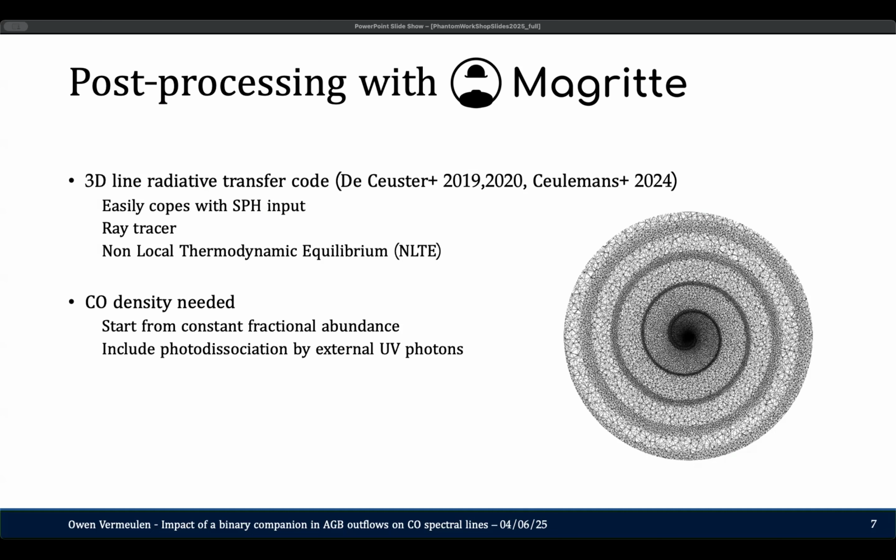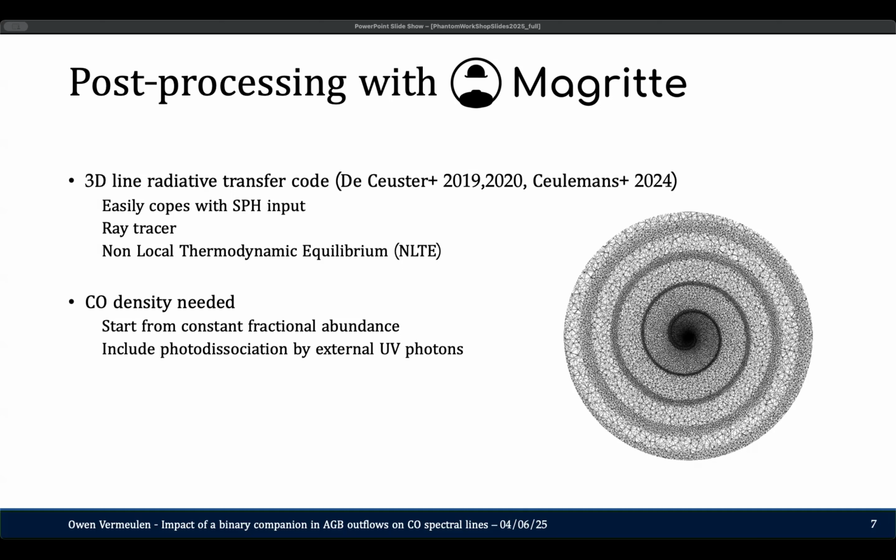You, of course, also need a CO density because we don't yet include chemistry in our models. So to do this, we start from a constant fractional abundance of CO with respect to H2. And then it's very important to also include photodissociation by external UV radiation, also including the complexities in our outflows. And so this is a way of then also determining the size that our models should have.